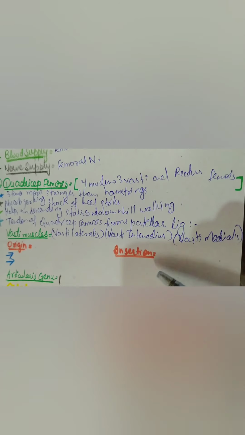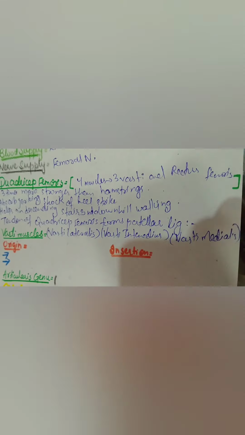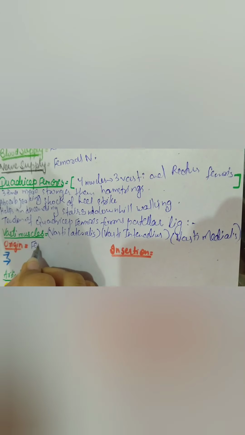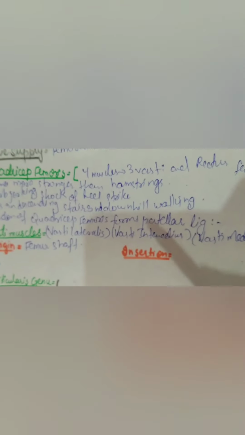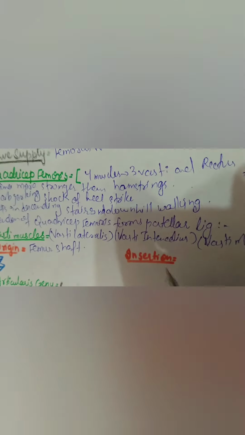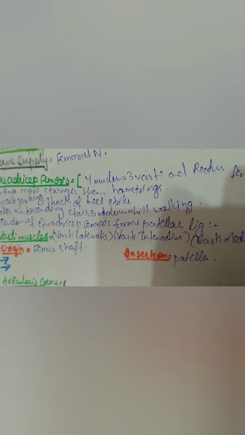But the vastus intermedius is deep to the rectus femoris, so we have to cut the rectus femoris in order to see the vastus intermedius. The origin of the vasti muscles is from the anterior surface of the femur shaft, right? The insertion of the vasti muscles is in the patella by the help of the quadriceps tendons.